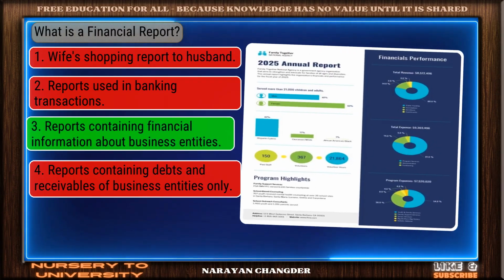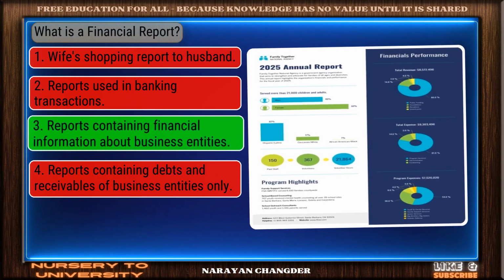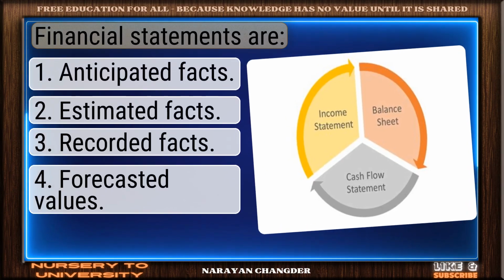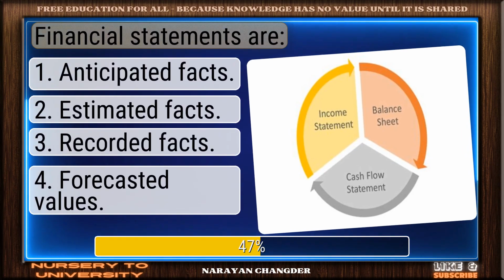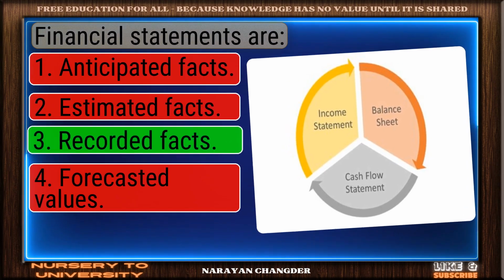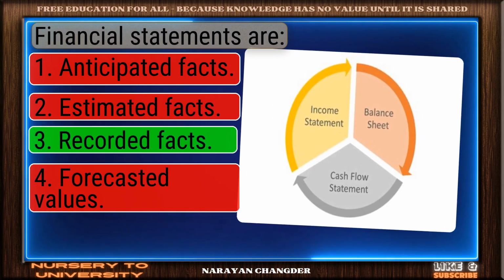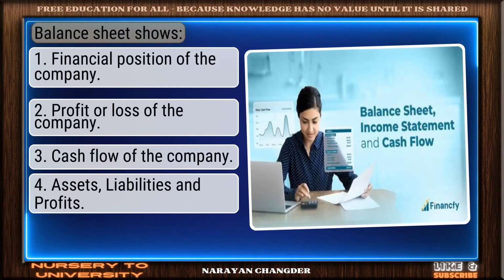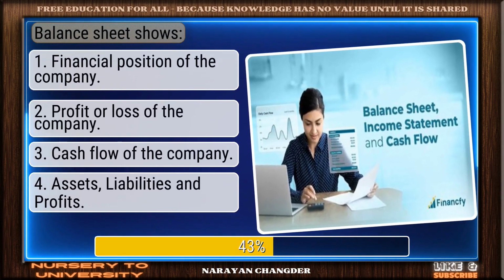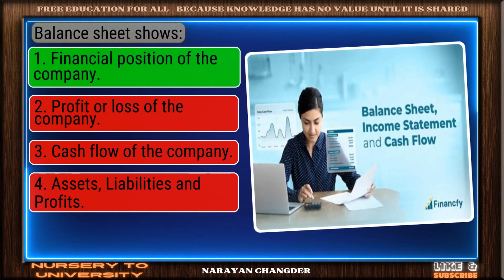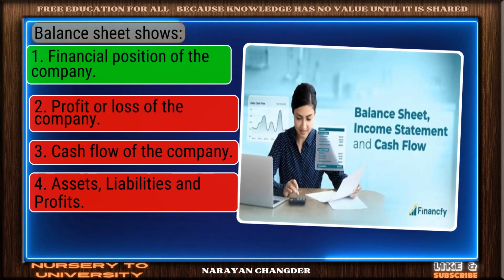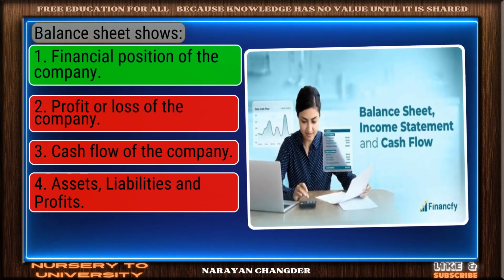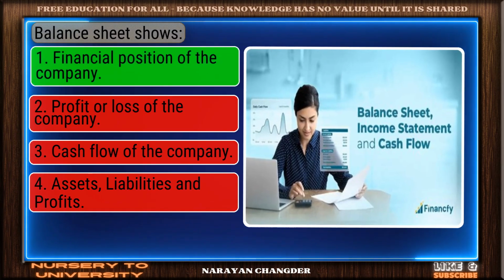Reports containing financial information about business entities is true. Financial statements are. Great job. Recorded facts is the accurate answer. Balance sheet shows. Exactly. Financial position of the company makes sense and it is the right choice.